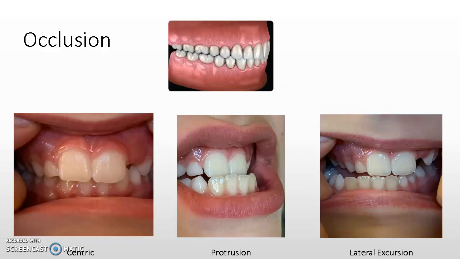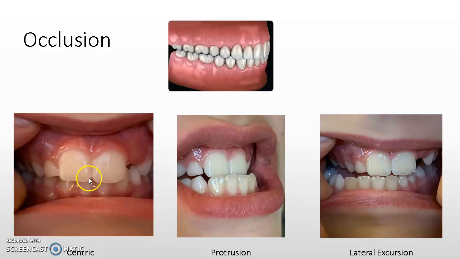So in the top picture of the full arch of model, you can see that the maxillary teeth, the lingual cusp, are going to be sitting right in that central fossa of the lower teeth. The maxillary incisors are on the outside of the mandibular incisors. And on the bottom of the page, you see centric, protrusion, and lateral excursions.